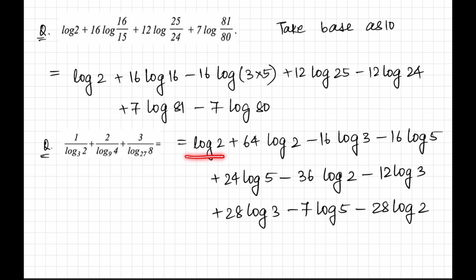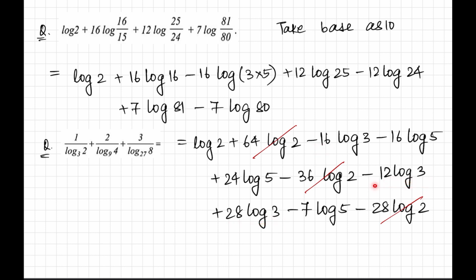So log 2 वाला term we have here, here, यहाँ पे and here. So clearly 36 plus 28 is 64. So all of these three terms will get cancelled out. और हमारे पास सिर्फ एक log 2 बच जाएगा. If you look at log 3 वाला term, here we have log 3 and here we have log 3.